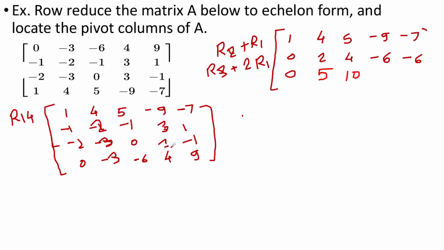Then 3 plus 2 times -9, that is 3 minus 18, minus 15. And -1 plus 2 times -7, that is -1 minus 14, minus 15.